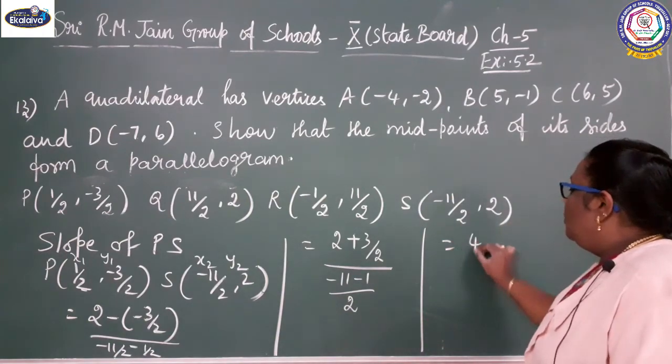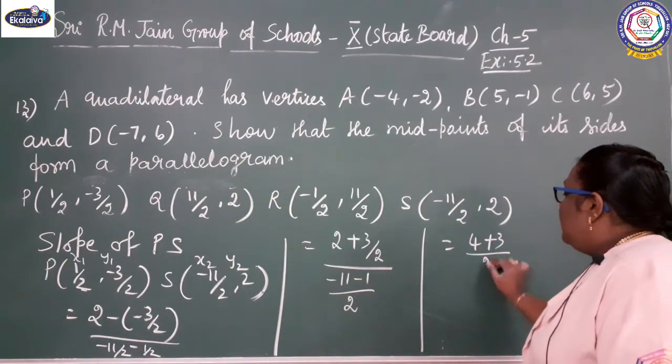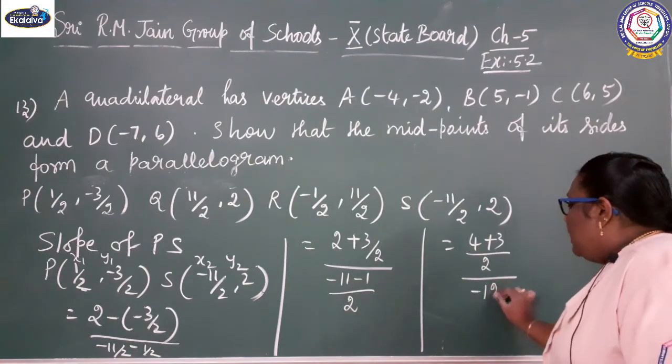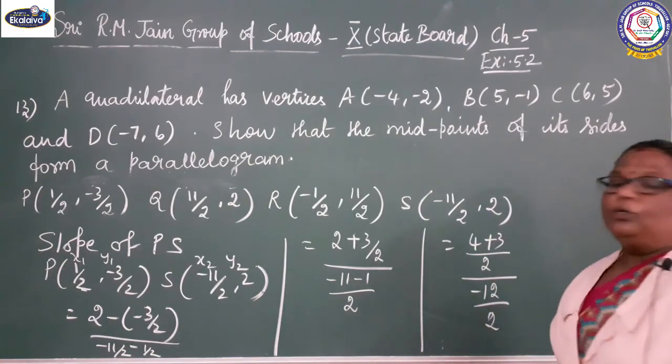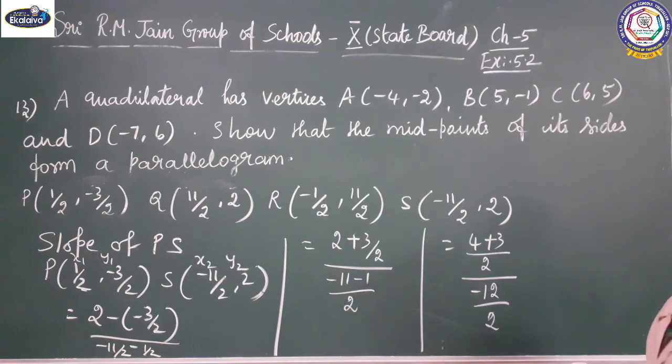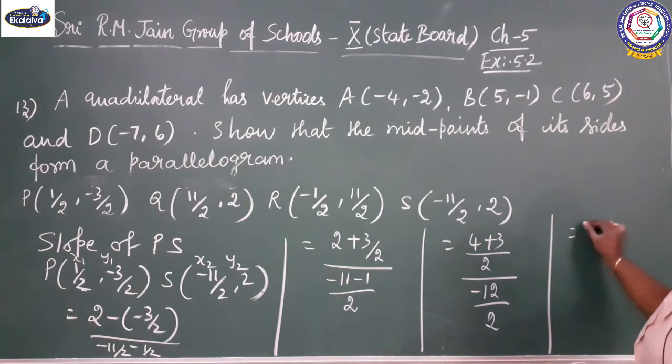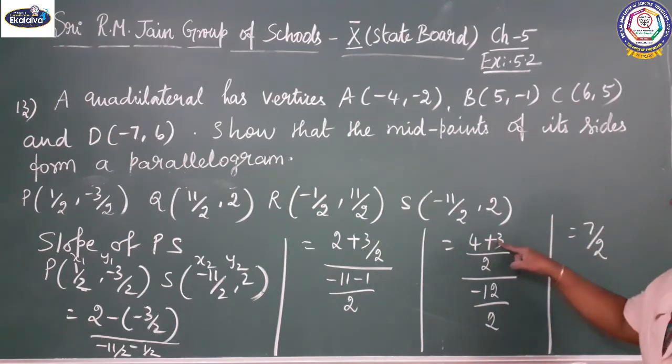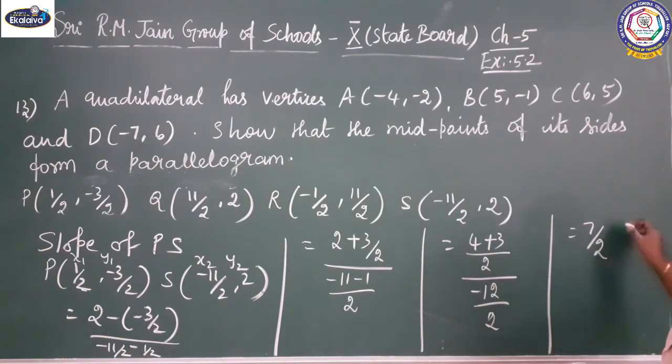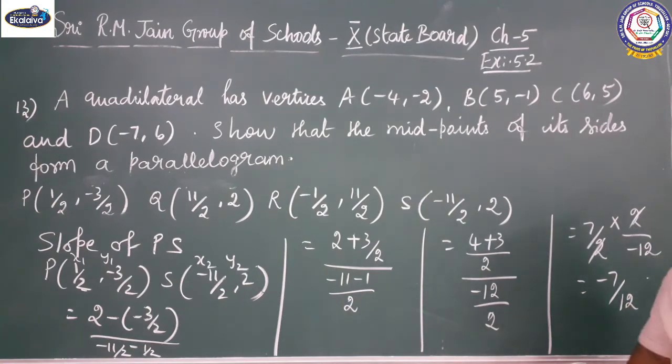So 4 plus 3 by 2 by minus 12 by 2. Minus 12 by 2. So it gives 7 by 2, 4 plus 3, 7 by 2. Reciprocal that value 2 by minus 12. The 2 gets cancelled. Minus 7 by 12.